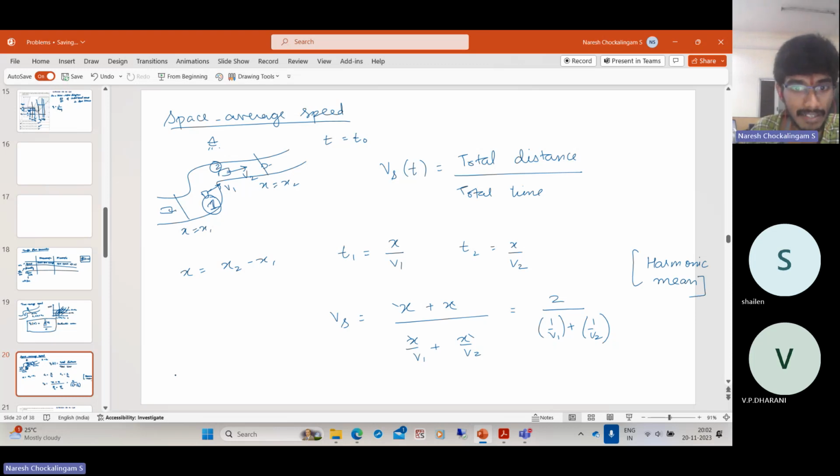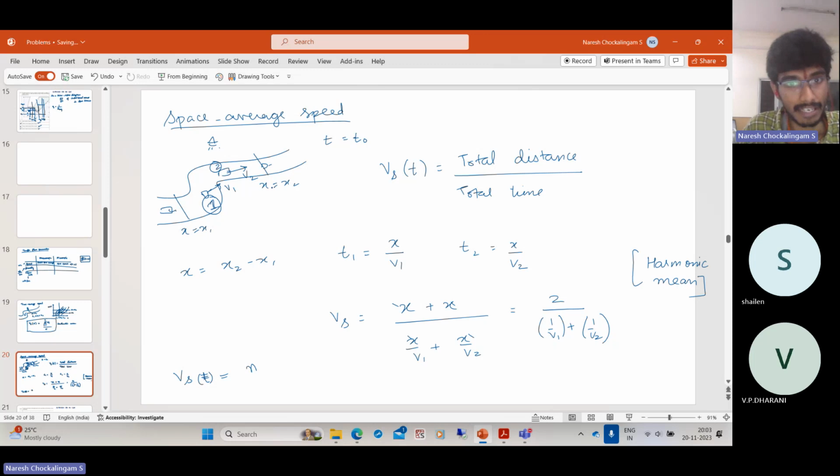If you have n number of vehicles, the space mean speed is given as a function of time. The space mean speed as a function of time is the number of vehicles in the road stretch at any given instant.